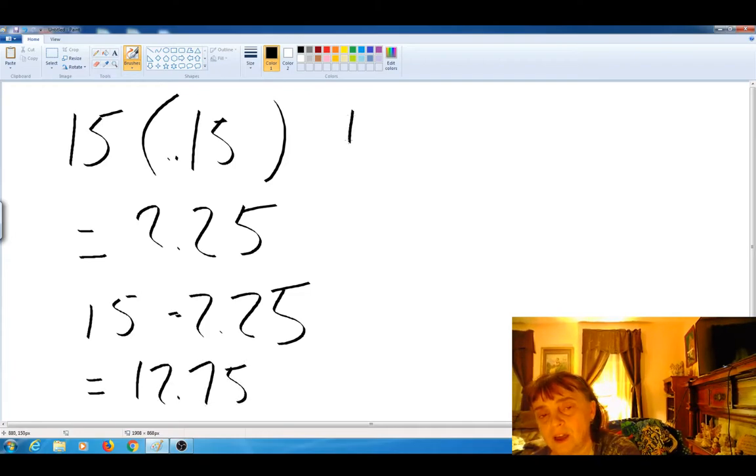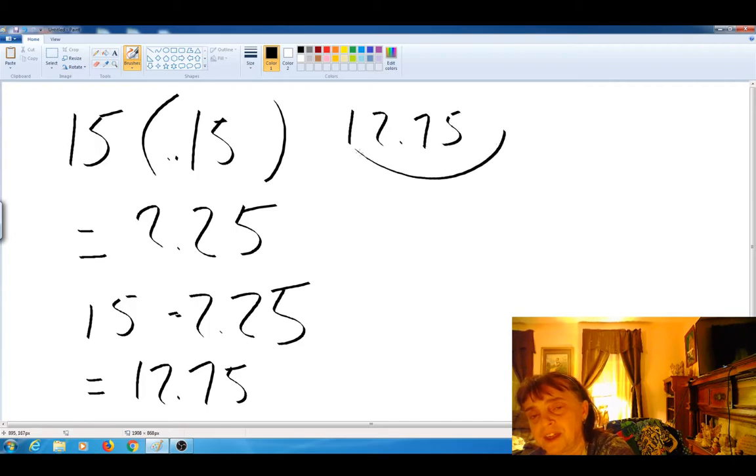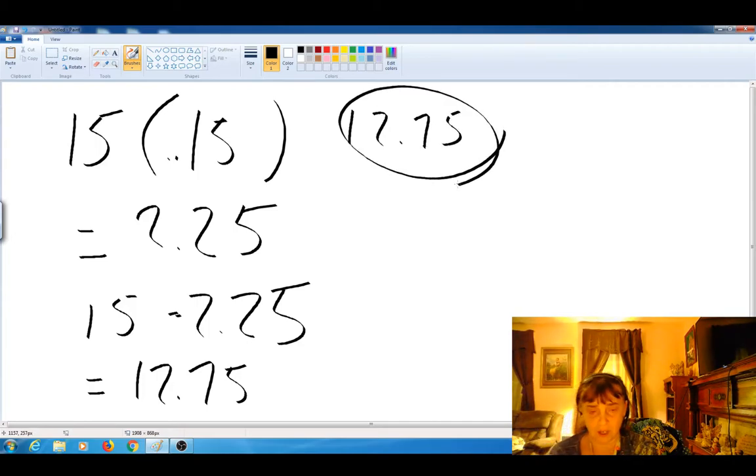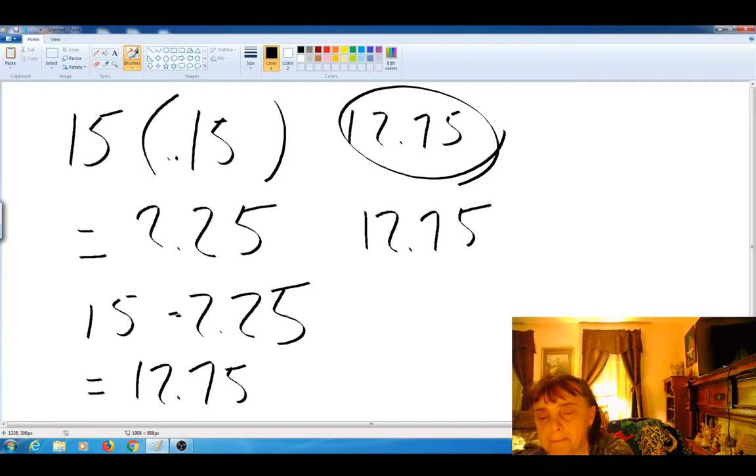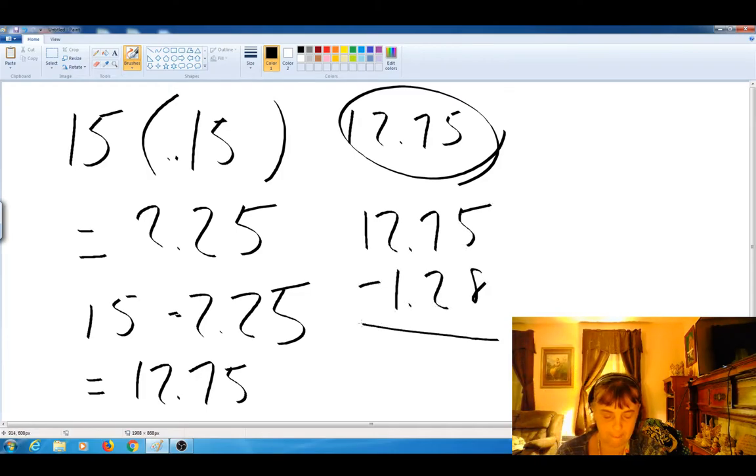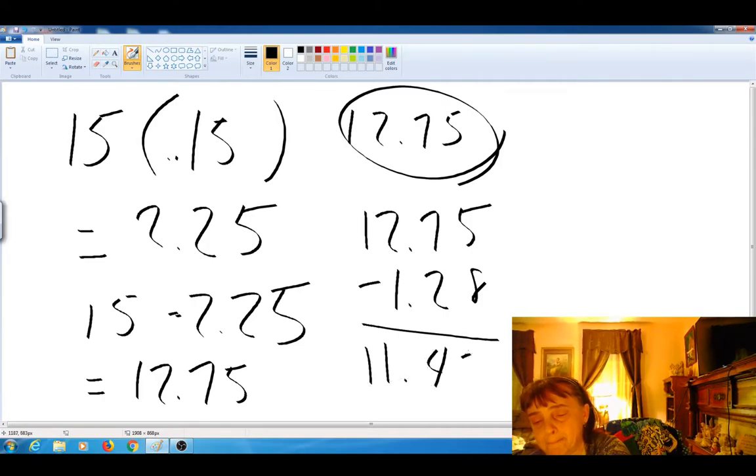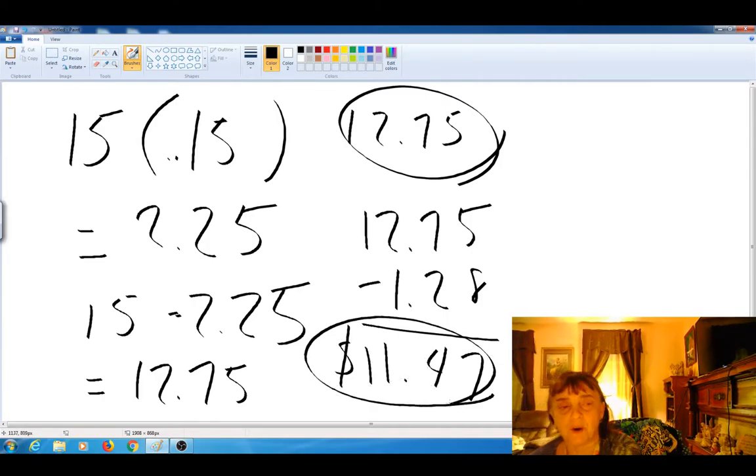And then 10% of that is what? $1.28. So $12.75 minus $1.28 is what? $11.47. Okay, so the price they pay is $11.47 with the 2 discounts.